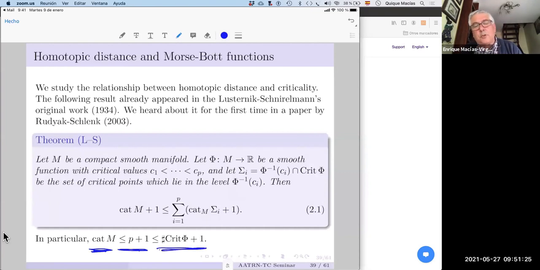This is the most known version, but in fact, the following result, which is more elaborated, already appeared in the Lusternik-Schnirelmann original work. I heard it for the first time in a paper by Rudyak and Schlenk.